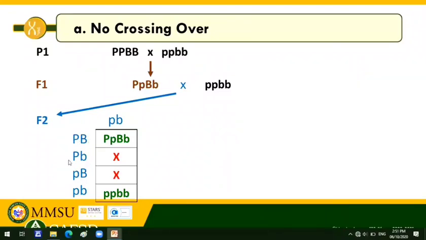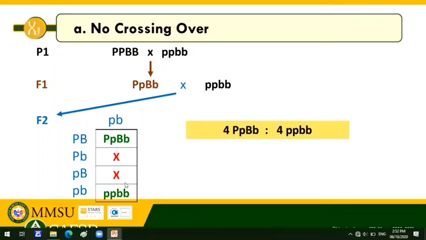Okay? This will not be inherited together, because this is a combination of dominant and recessive genes. So, these two. Okay? So, ito yung ma-inherit together. So, the dominant P, dominant B, recessive p, recessive b, inherited together. So, you combine these two, you produce a genotype, double hetero individual. Ganito din dito. So, you combine these two gametes, you now produce a homozygous recessive. Okay?